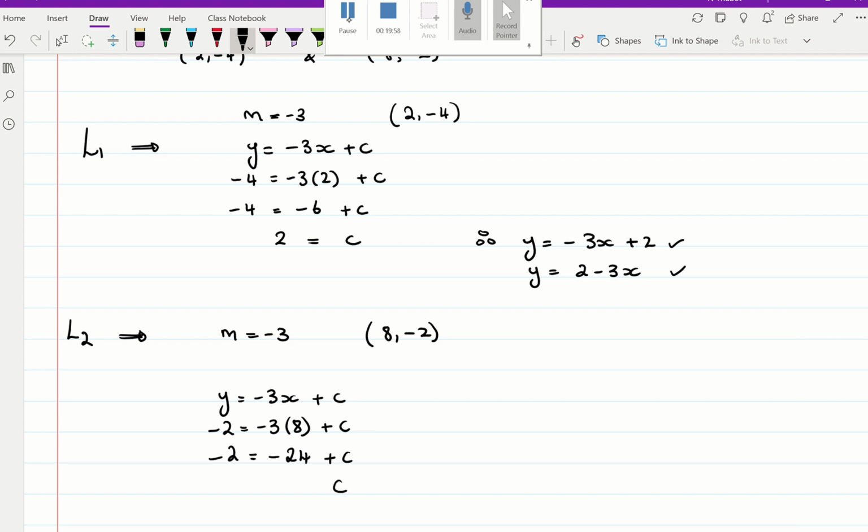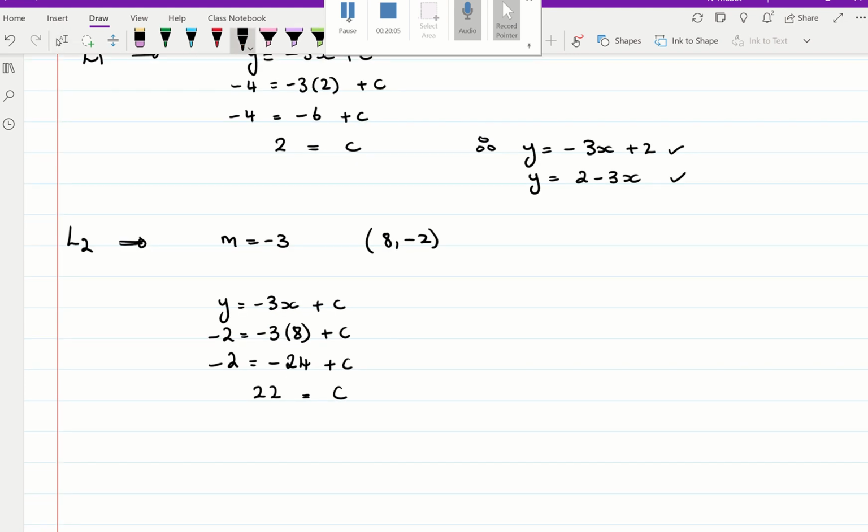I'm going to add 24 to both. So this is c is 22. So the second equation is y equals negative 3x plus 22, or let's put 22 minus 3x.